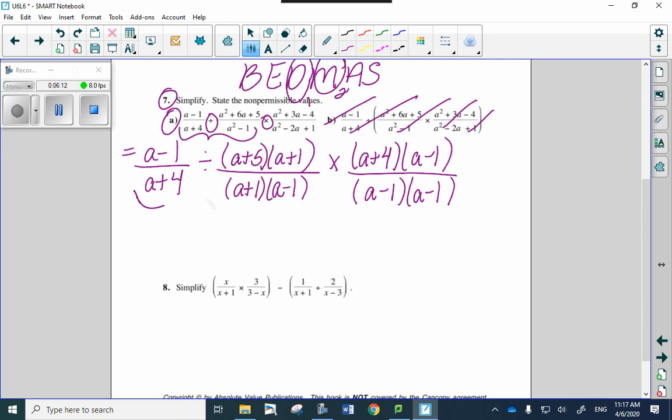So if I look at this division statement, we're going to divide the first two fractions together. To do that, I'm going to keep the first fraction the same, flip the second one, and then multiply.